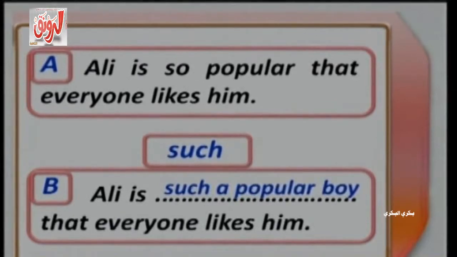Ali is such a. What comes after such a? Popular is an adjective. Boy is a noun. And then the word that. This is the way in which you can always use such a or such an that. Such a, such an, plus an adjective, plus noun, plus that.